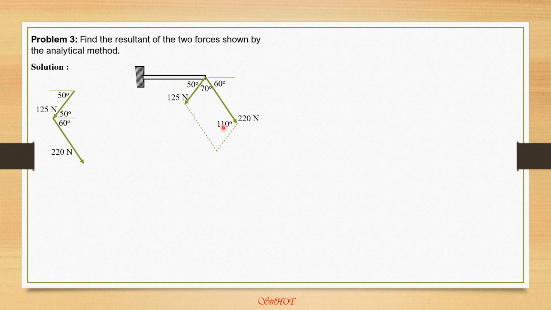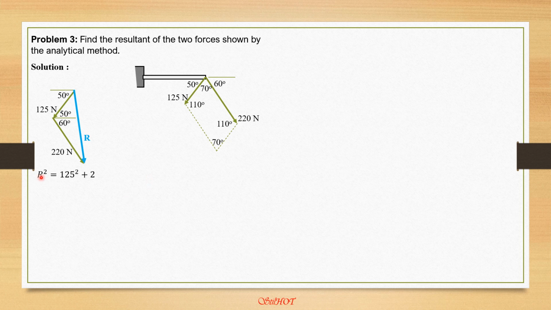Or this is 110 degrees, because remember, the sum of adjacent interior angles of a parallelogram is 180 degrees, or adjacent angles are supplementary, so this is 110 degrees, and this is the resultant. Opposite angles are equal, so that measures 110 degrees. So this is also 70 degrees. So this is the resultant.